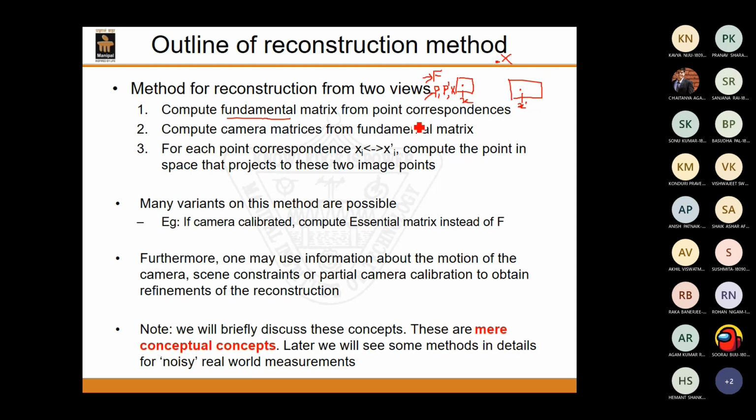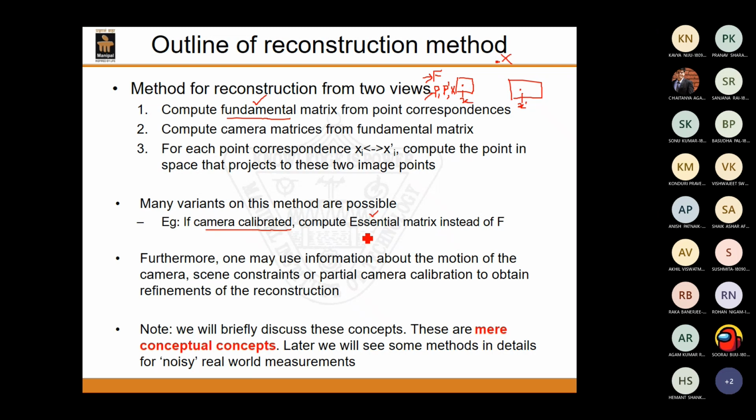Now, this is the case when we have uncalibrated cameras. That means what we are assuming is that the camera parameters are not known to us. In that case, we call it an uncalibrated camera, and we can compute the fundamental matrix. If the camera is calibrated, that means the internal camera parameters are known to us, then instead of the fundamental matrix, we compute the essential matrix.